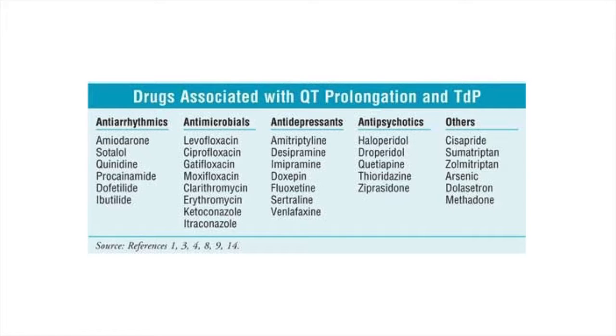Ciprofloxacin, all of the quinolones: Levaquin, Cipro, moxifloxacin, gatifloxacin. No one uses gatifloxacin anymore, but Levaquin and Cipro are ubiquitous in the community, okay? Erythromycin, clarithromycin. What's the other omycin that we are so frequently running into? Azithromycin, a Z-Pak, right? Everybody gets a Z-Pak.